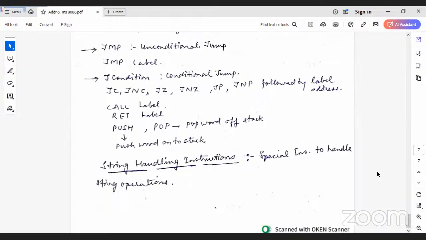The flags are affected depending on whether A is greater than B or A is less than B. You will store one number in one register and compare the other numbers. Suppose there are three numbers. First you check the first two numbers. Let us say A has one and B has another number, and you always keep the smaller number in the accumulator. Then that smaller number is compared with the third number, and again the smaller of those two is stored in the accumulator.